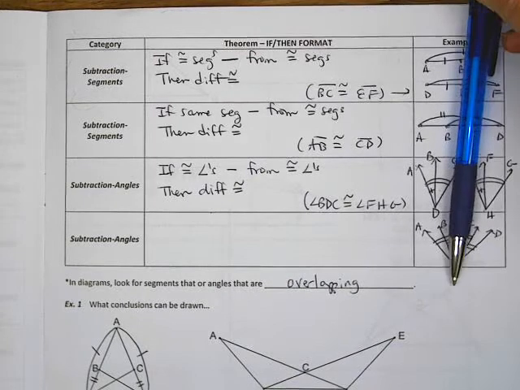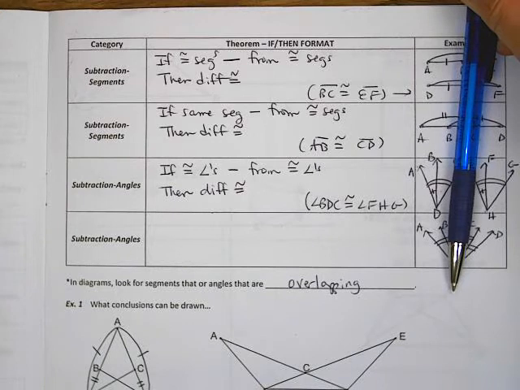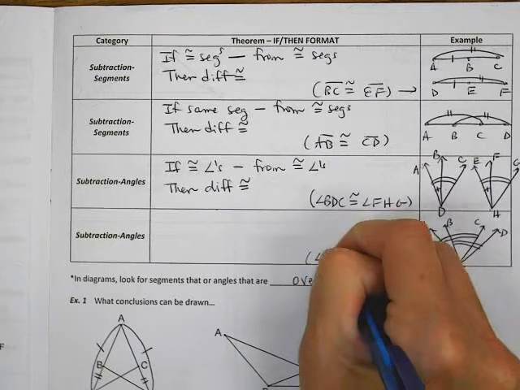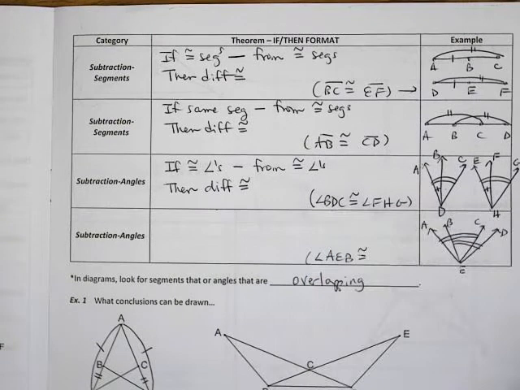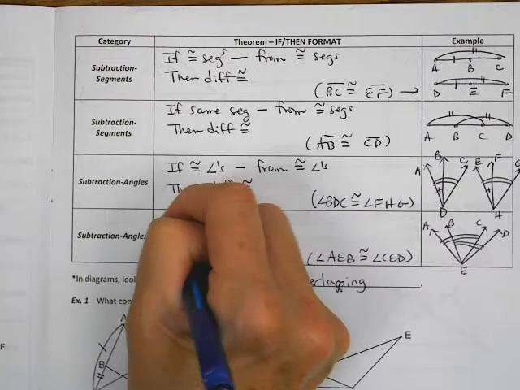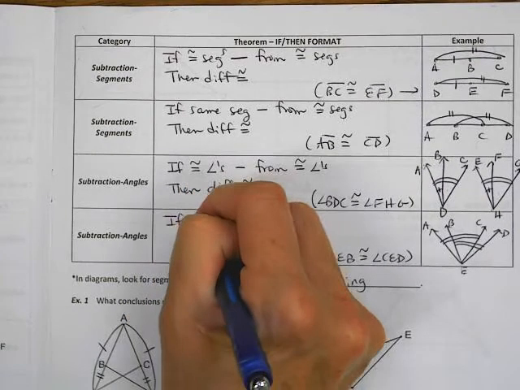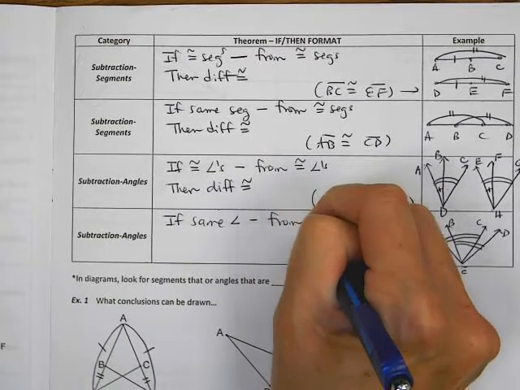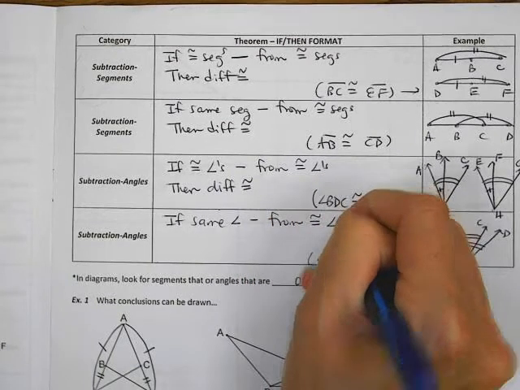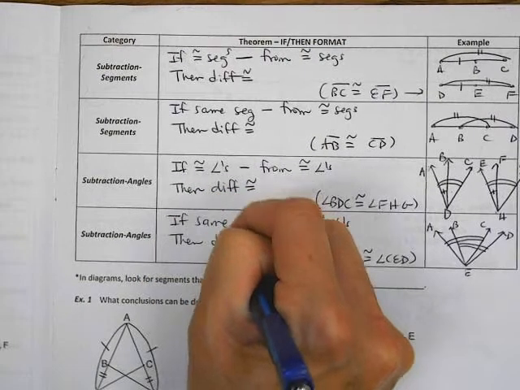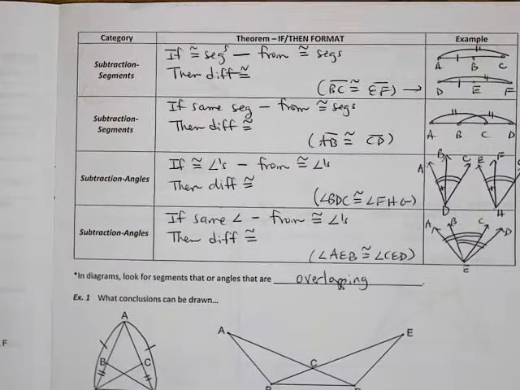So if I subtract that middle section from both, I'm left with angle AEB congruent to angle CED. And it'll read, if the same angle is subtracted from congruent angles, then the differences from those subtractions are congruent.